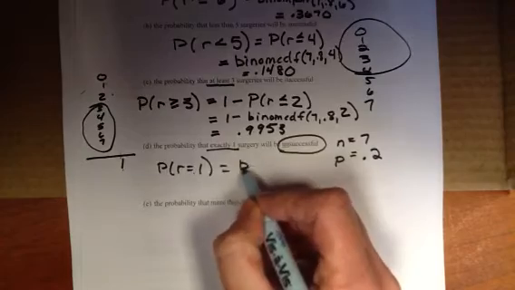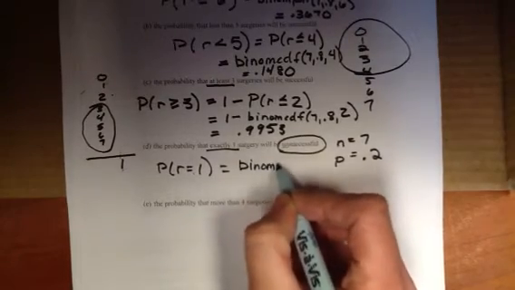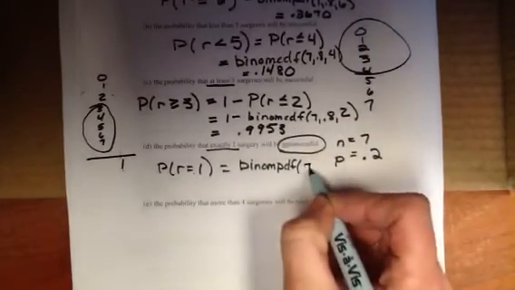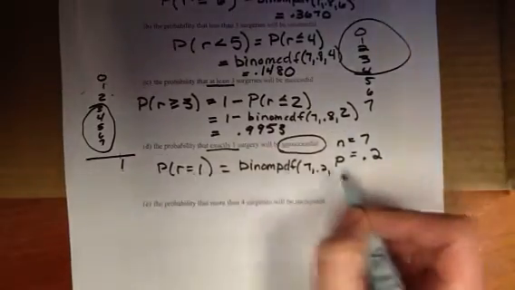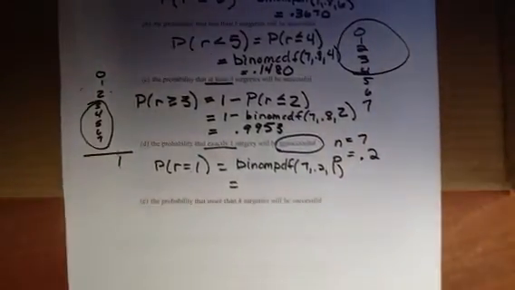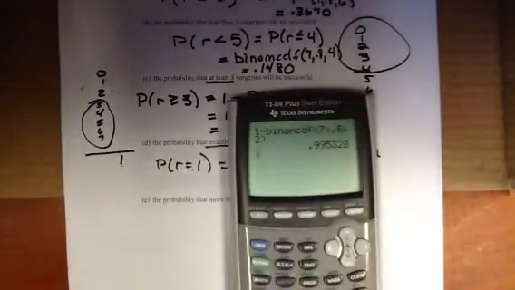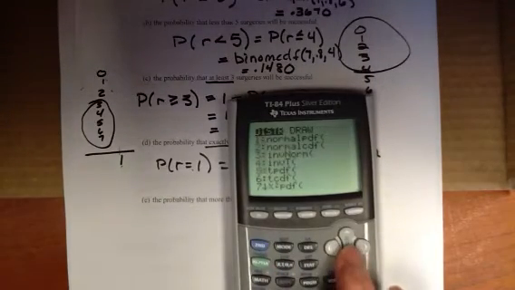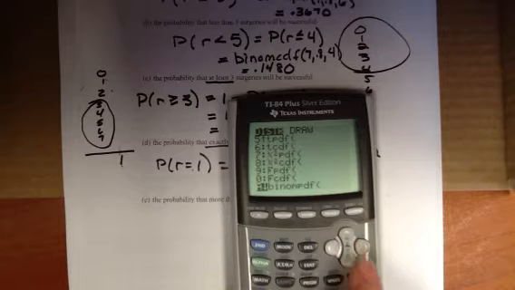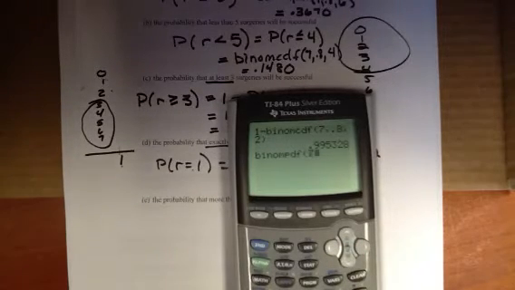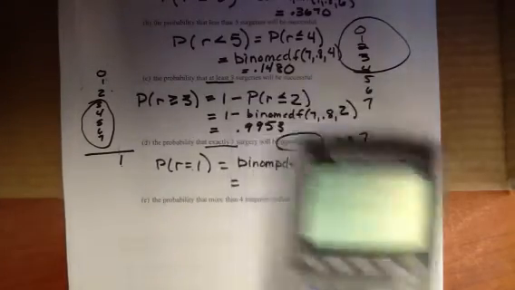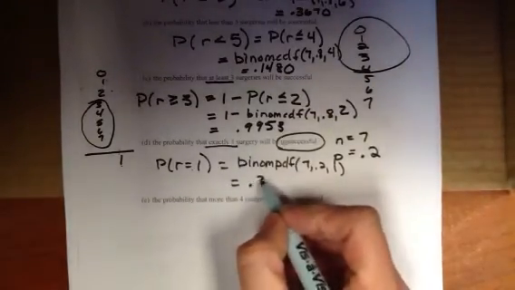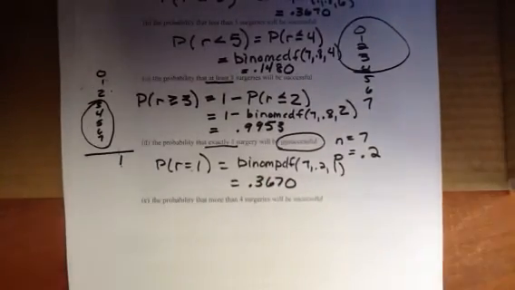So because it's equal to, this would be binom PDF 7, 0.2, 1 on our calculator. So we do second distribution, go all the way down to binom PDF 7, 0.2, 1. 0.3670. Again, I take these out 4 decimal places, just be consistent on that.